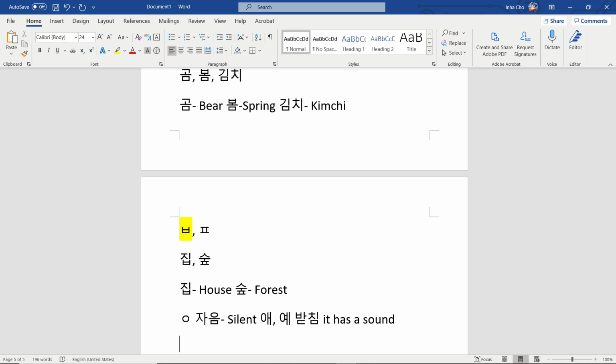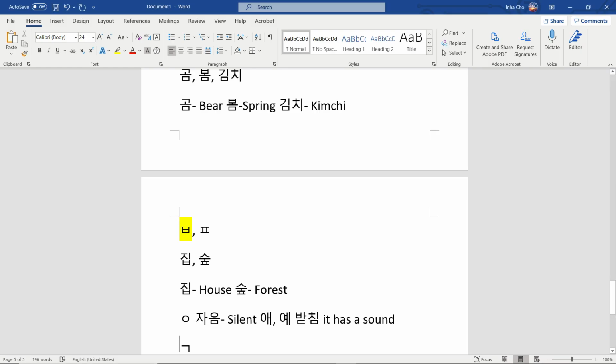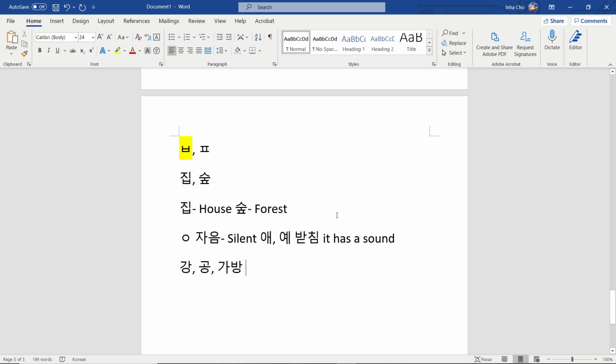So you have 강, 공, 가방. So 강 means river, 공 means a ball, 가방 means backpack.